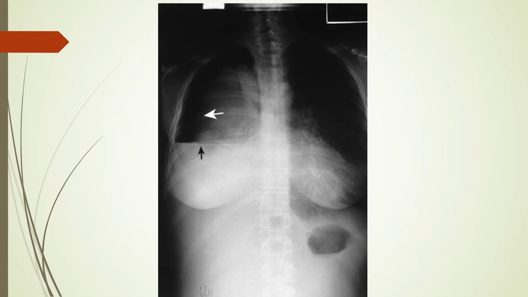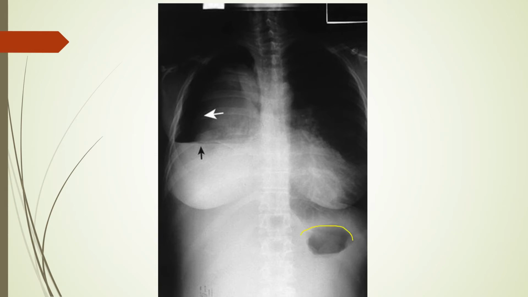It's pretty crazy. So the right-sided CP angle, if you look at this, you can barely see it because it's so hyperinflated. You can see the gas bubble. Let me get my yellow out.